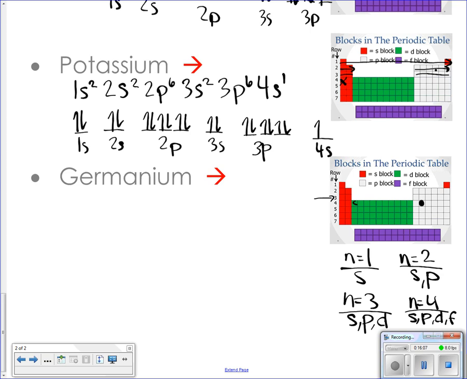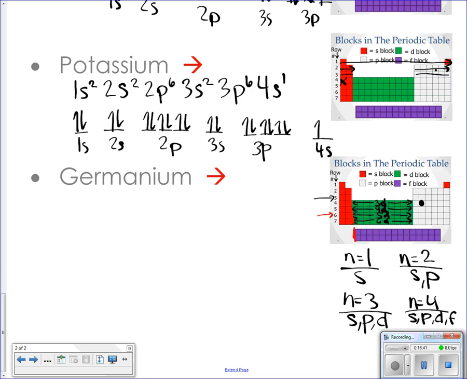So all of this in here is really 3D. This is considered 4D. This is 5D. And this is 6D. Okay? And then the F group does something similar too. On your periodic table, you might see that the F fits in right here. And so really, that would be like row 6.